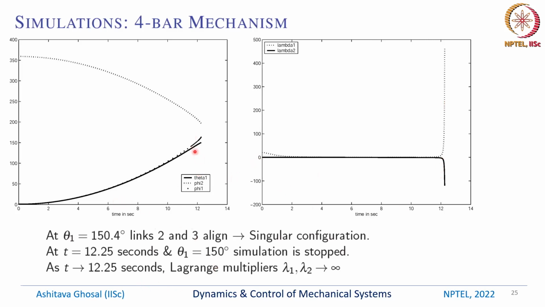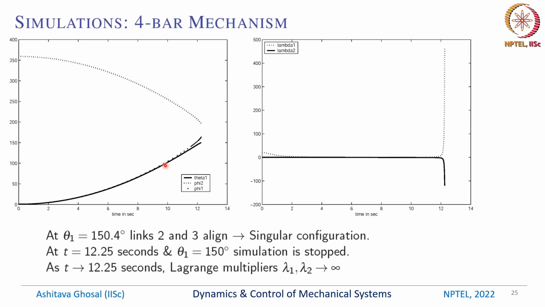The simulation cannot proceed beyond 150.4 degrees. Why? Because it is no longer moving. It is a structure. It is a triangle at that point of time. So the second order differential equation is no longer valid then. It is not moving anymore.